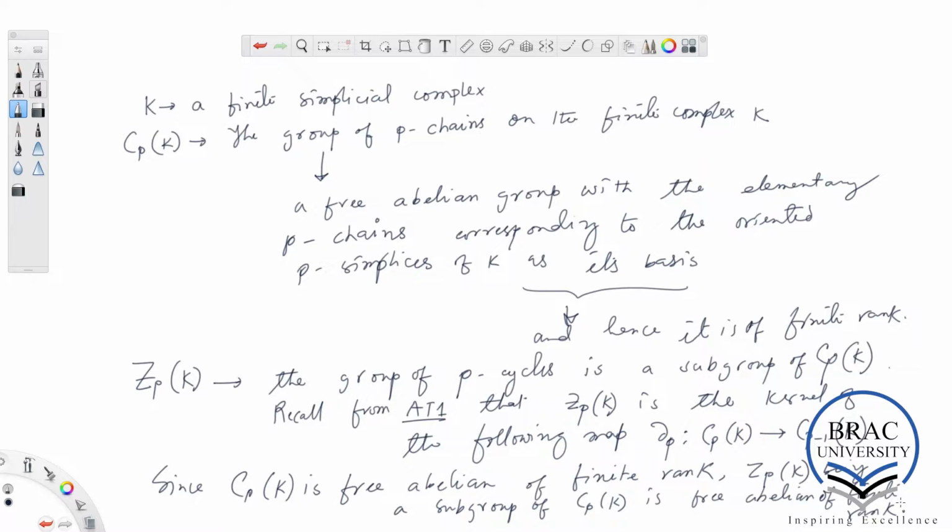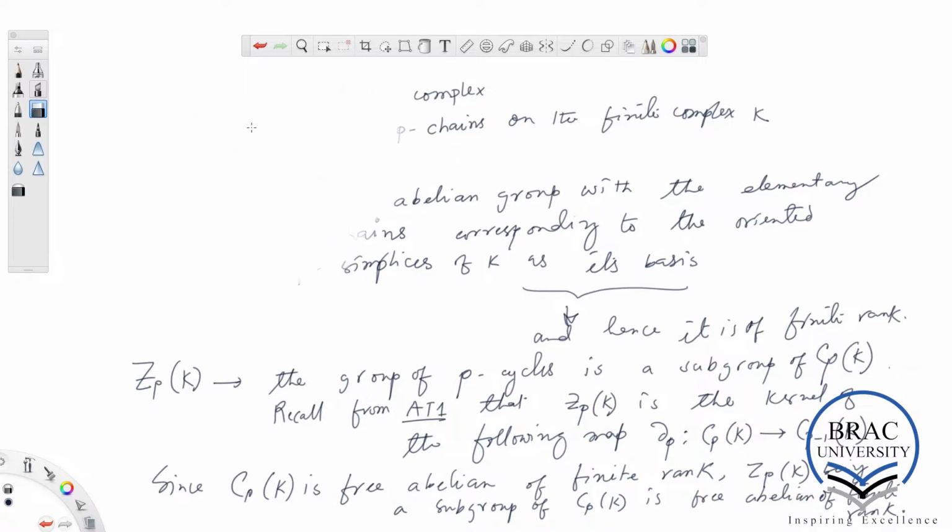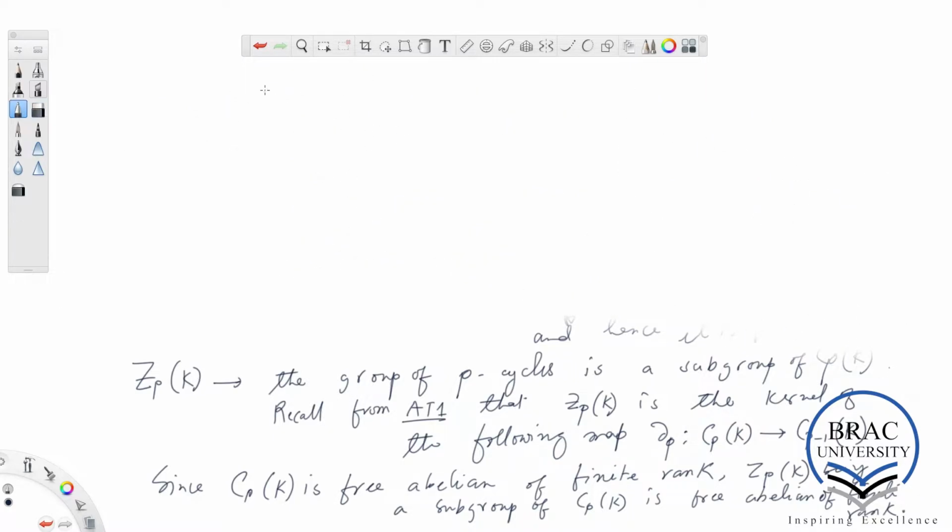Therefore, we conclude that the pth homology group Hp of K, which is defined as the quotient group of Zp of K modded out by the p-boundaries on the complex K, is finitely generated.